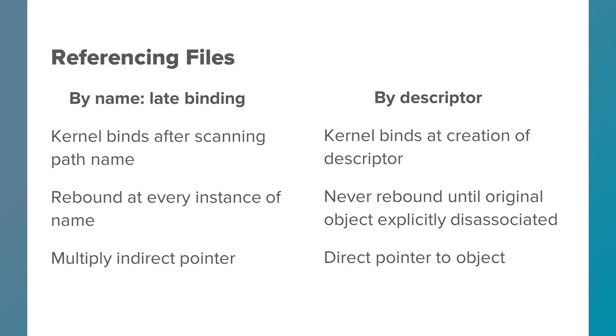And the descriptor or index or handle will get you right to that in-core information, which includes the location of things on disk. So this is, if you like, early binding. It's never rebound because the binding is there. If you want it rebound, you have to close the file descriptor, or somehow explicitly do the dissociation.